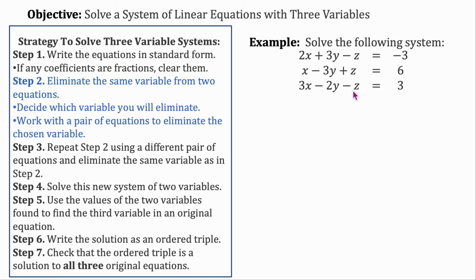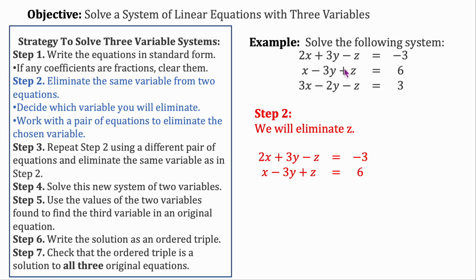So let's try to eliminate the z's. I'm going to work with my first 2 equations, and you'll notice they're already perfect opposites. That's great. So we don't have to do anything to make those z's be eliminated, and we do that by adding the 2 equations together.